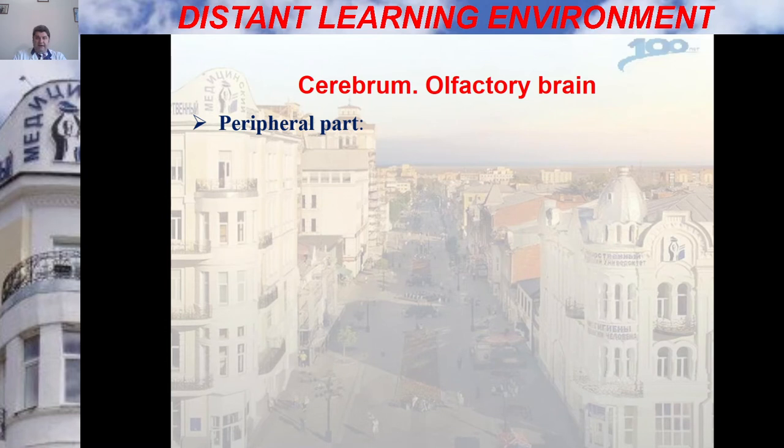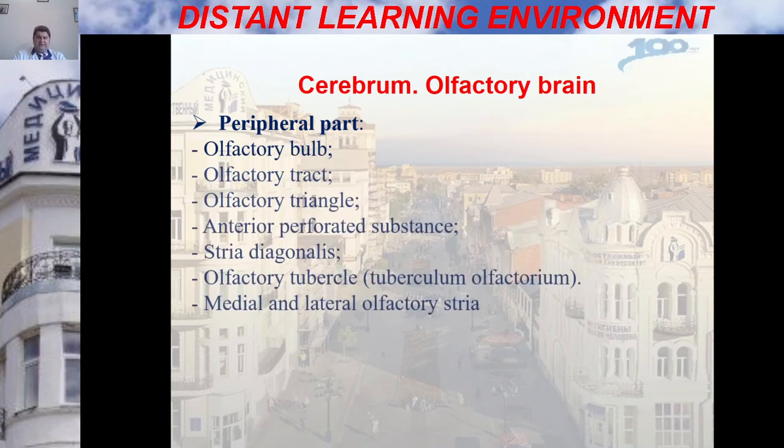So let's talk in detail about the oldest part, the rhinencephalon. You may see 2 parts of the rhinencephalon, the peripheral part, and next we'll talk about the central part. You may see these parts here: olfactory bulb, olfactory tract, olfactory triangle, anterior perforated substance, stria diagonalis, olfactory tubercle, medial and lateral olfactory stria.